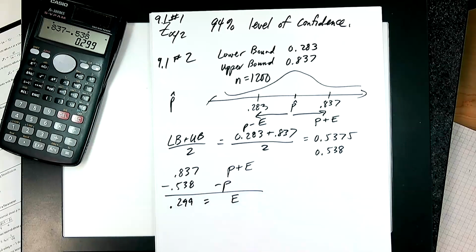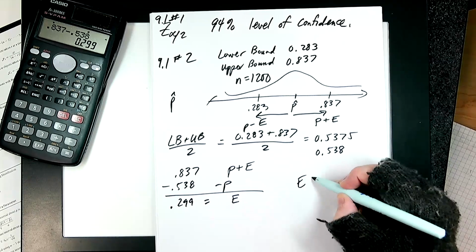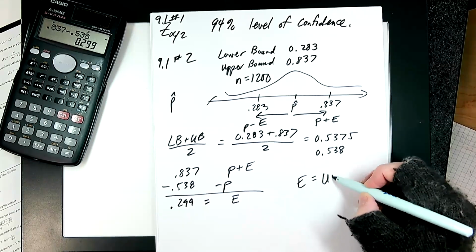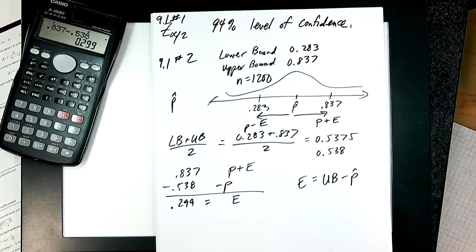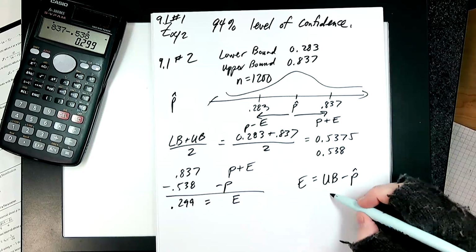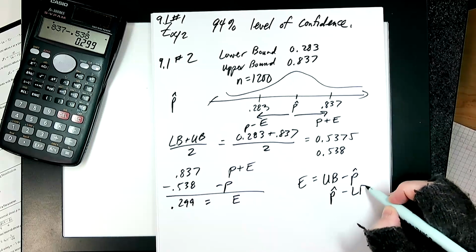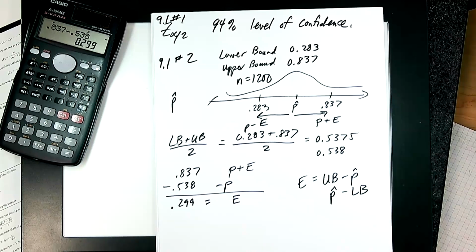That's my E. So if they ask you for E, the easiest way to do it is the upper bound minus P hat. You can also do P hat minus the lower bound. Both values will work.